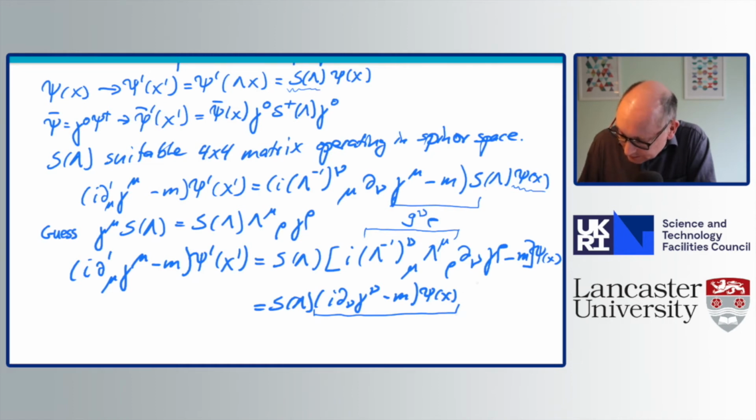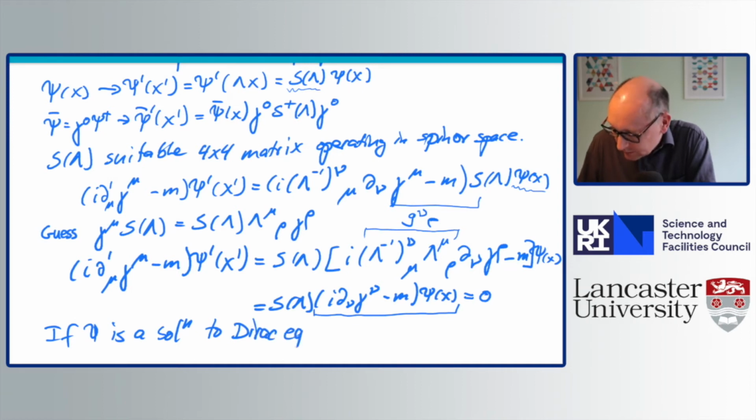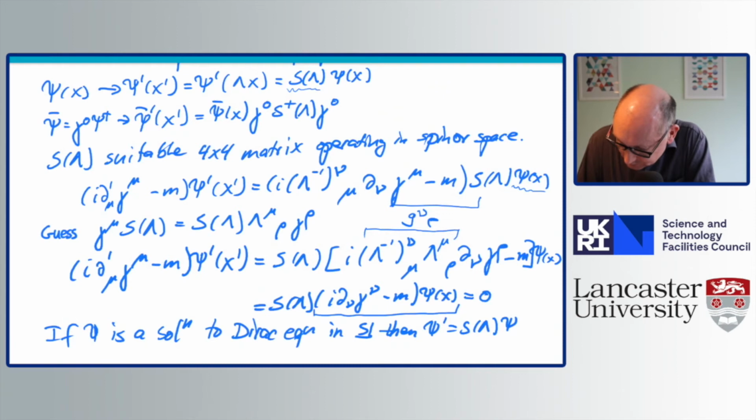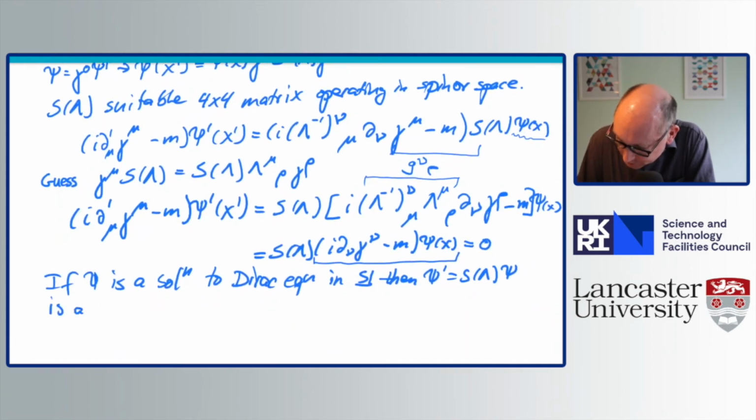And that means that if psi is a solution to the Dirac equation in the coordinate system S, then psi prime of x prime, equal to S of lambda acting on psi, is a solution in S prime, because this is the Dirac equation in the primed coordinate system and it's equal to 0.